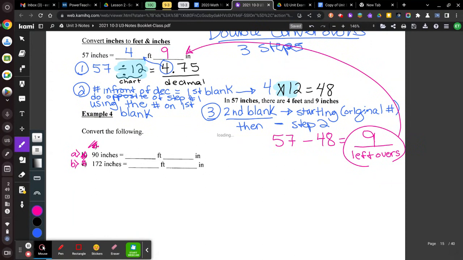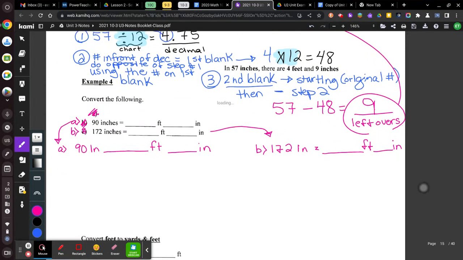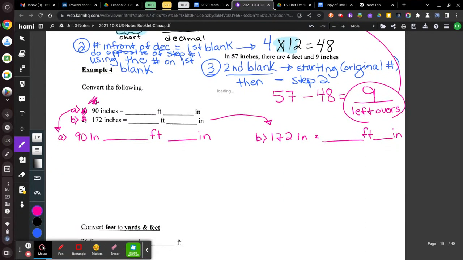I want it to go to feet and inches. B is going to be 172 inches equals how many feet, how many inches. Okay. So we're doing every single one of those steps.